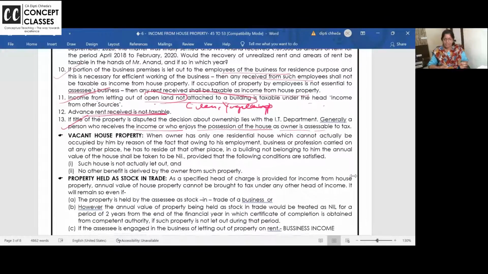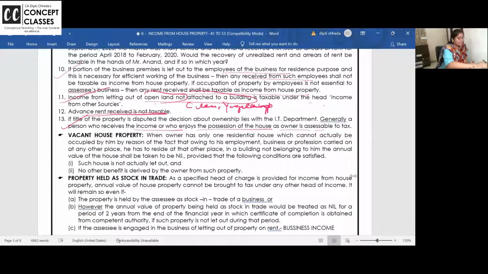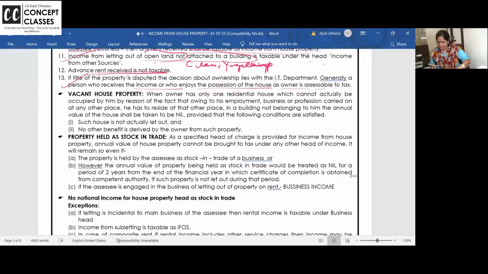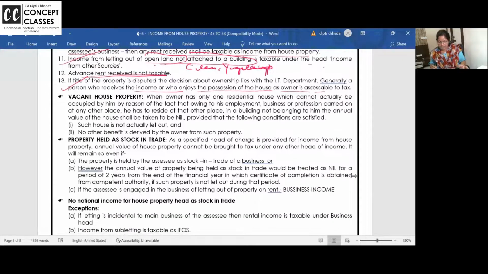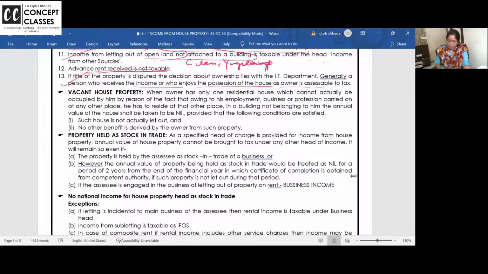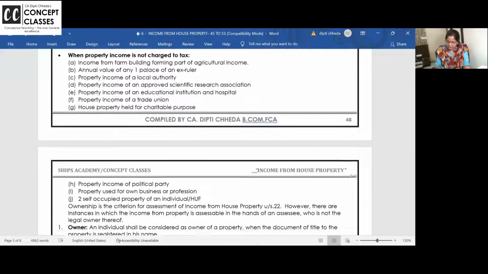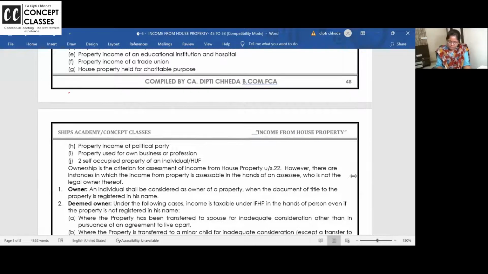I wanted to add a 14th point here. This is missed out, so I want to take it as the 14th point and I want all of you to write here. Okay? Add one more 14th point. Rental income, write down, I'll explain.